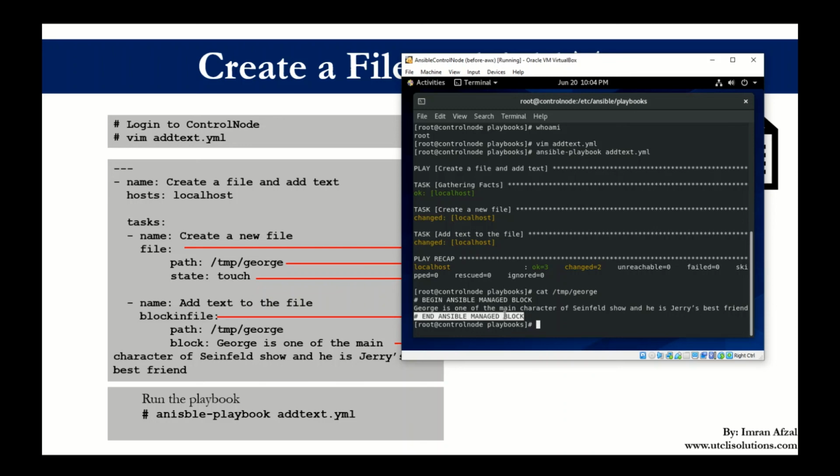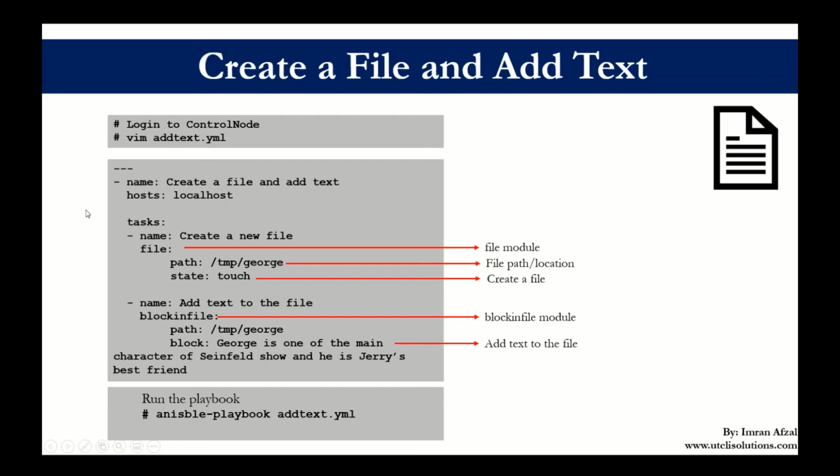But of course, this has no effect on your file or configuration file because it starts with a pound. Any line that starts with a pound is actually a comment in a file and it has no effect on the file. So anyway, now you know how to create a file and then you could add text to a file.